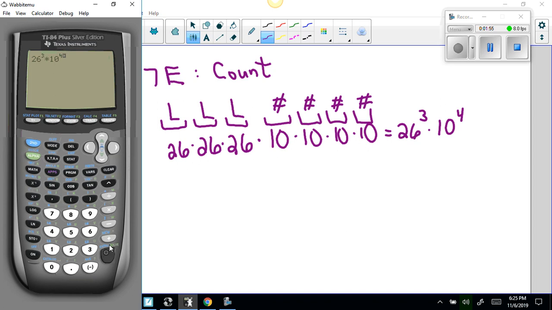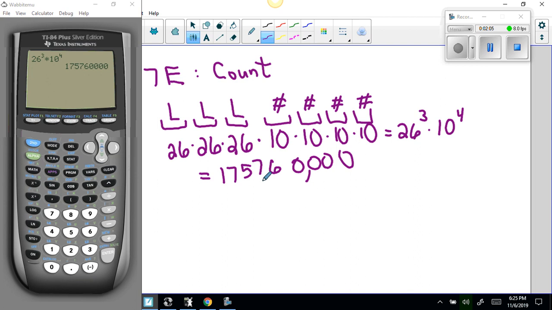Or just multiply them out. Whoa, that's a lot of license plates. 1, 7, 5, 7, 6, and 4 zeros. 175 million. Whoa, that's a lot of license plates. This is what we're studying, and I'm like, if this is what we're studying, life's pretty good.